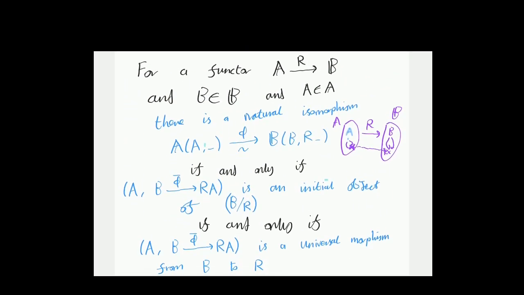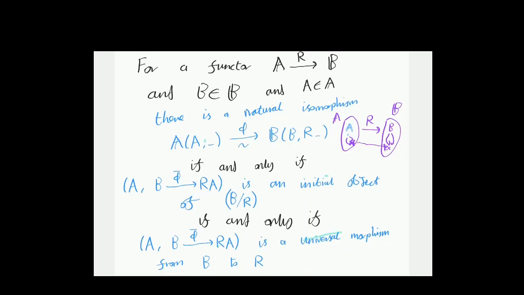Because what we're saying with this result is that for a particular B, this natural isomorphism corresponds to the presence of a universal morphism here. By the way, I was also calling this kind of thing an initial morphism. Then there's the dual concept, which is called a terminal morphism.